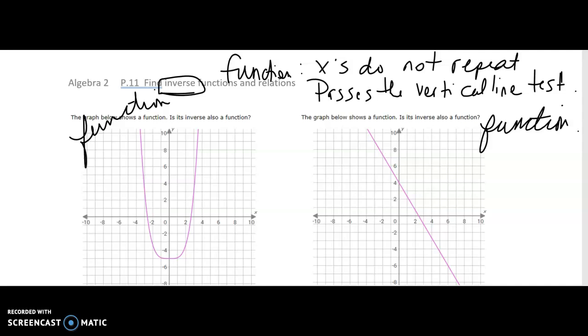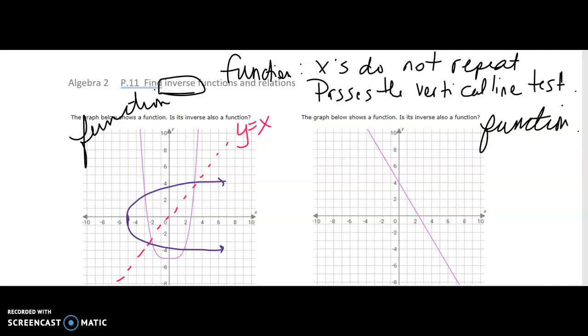So on inverses, remember there is an imaginary y equals x line. And if we fold that piece of paper on that red dotted line, then you would get something that looks like this. Okay, it just kind of turns it 90 degrees.